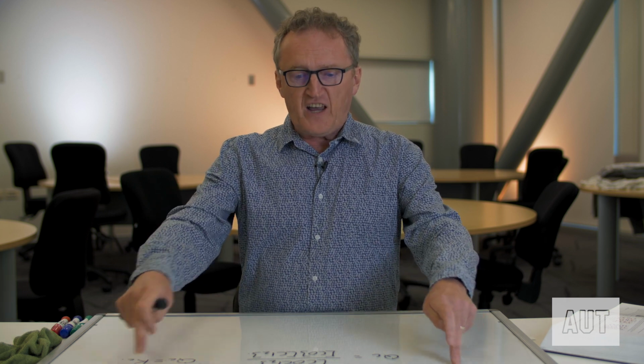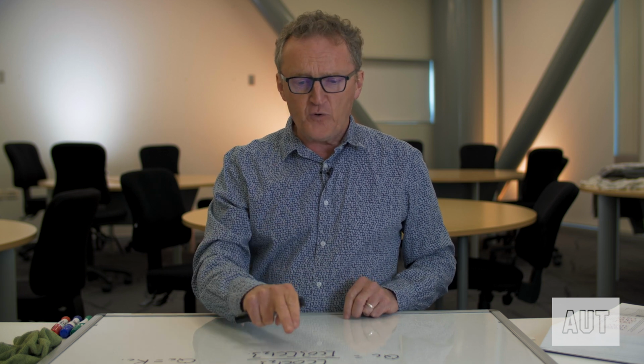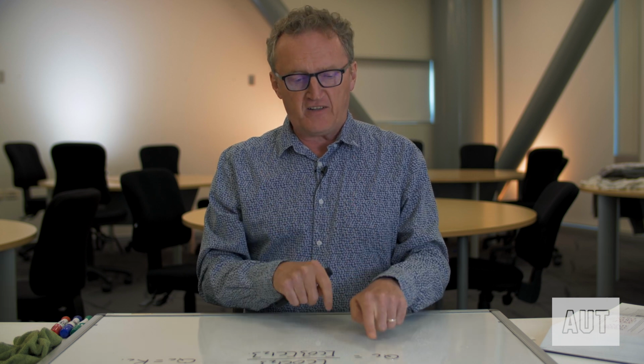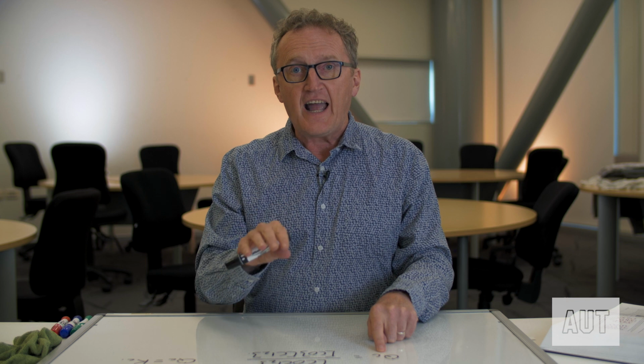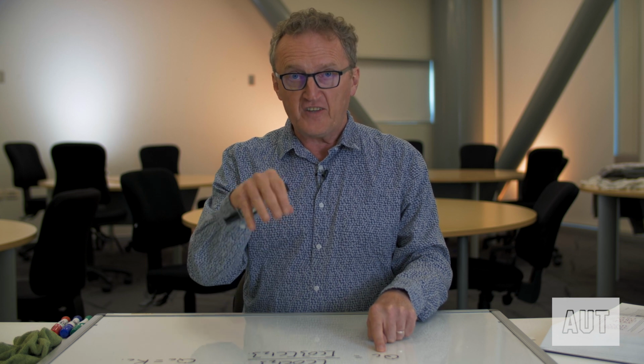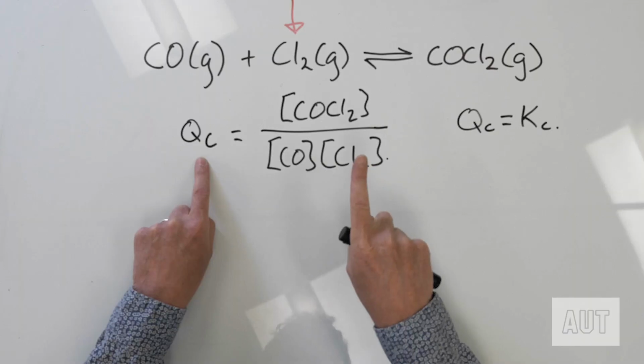We're now going to make a change: we're going to add some chlorine to this equilibrium mixture. If we do that, we ask ourselves, what is the instantaneous effect on the value of Qc when we make that change? Does it affect it? That's the first question. Second question, how does it affect it? If it does, does it make it larger or smaller? So, what have we got?